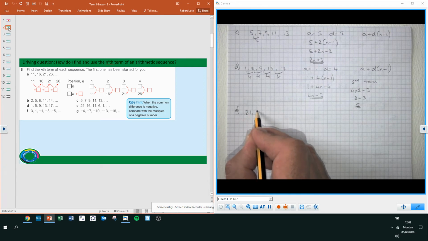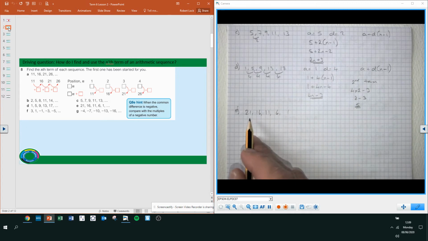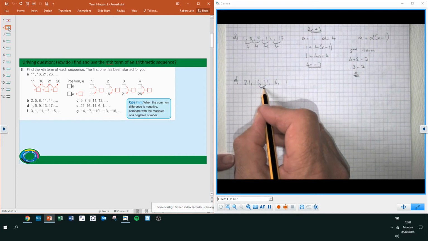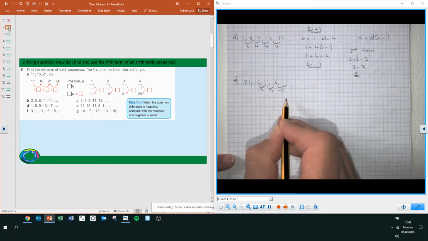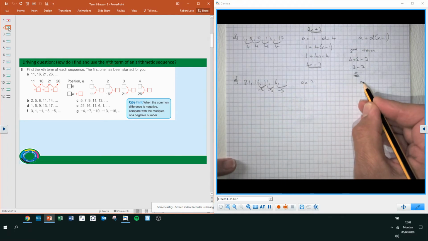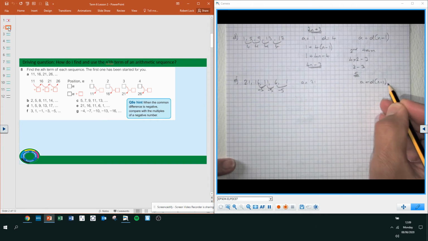21, 16, 11, 6, 1. Sequence here is coming down in 5s. Going down. So A equals 21. A plus D bracket N minus 1 bracket.